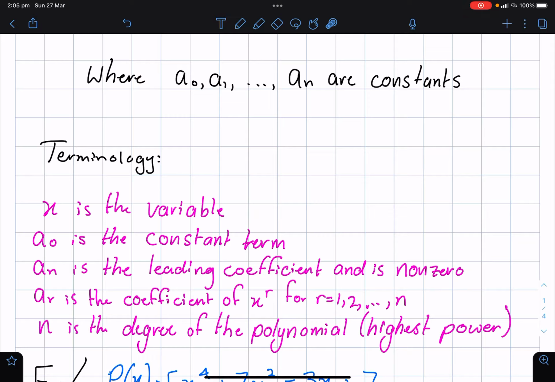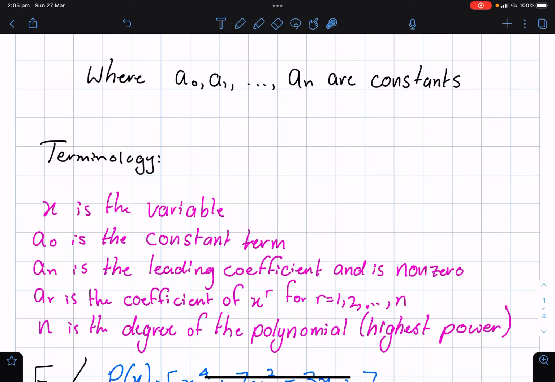And r is an integer. Okay, so a subscript of 1, so when r equals 1, that coefficient will be attached to the x term, x to the power 1 term, all right? And then n is the degree of the polynomial, which is also our highest power.